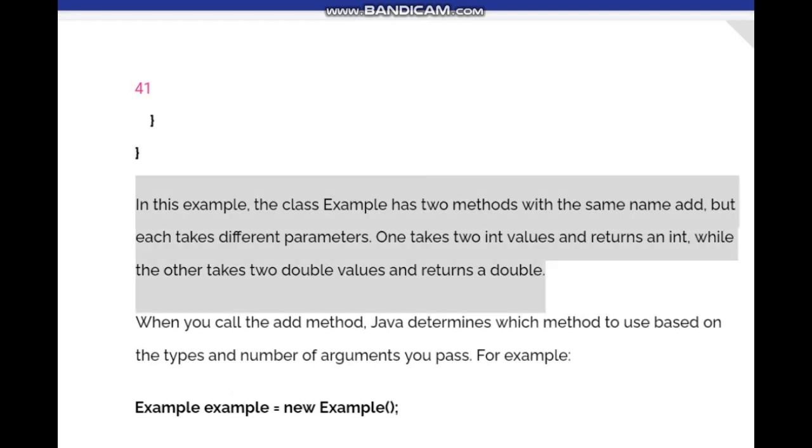One takes two int values and returns an int, while the other takes two double values and returns a double.